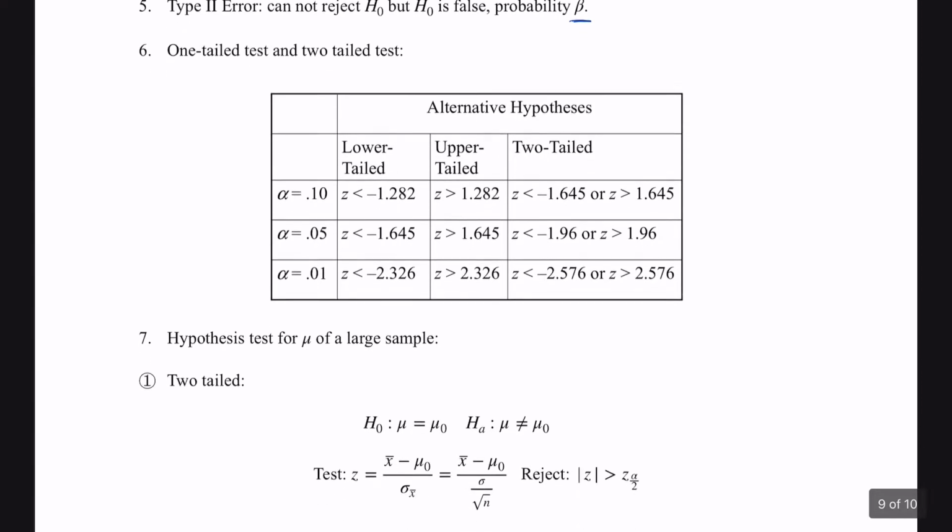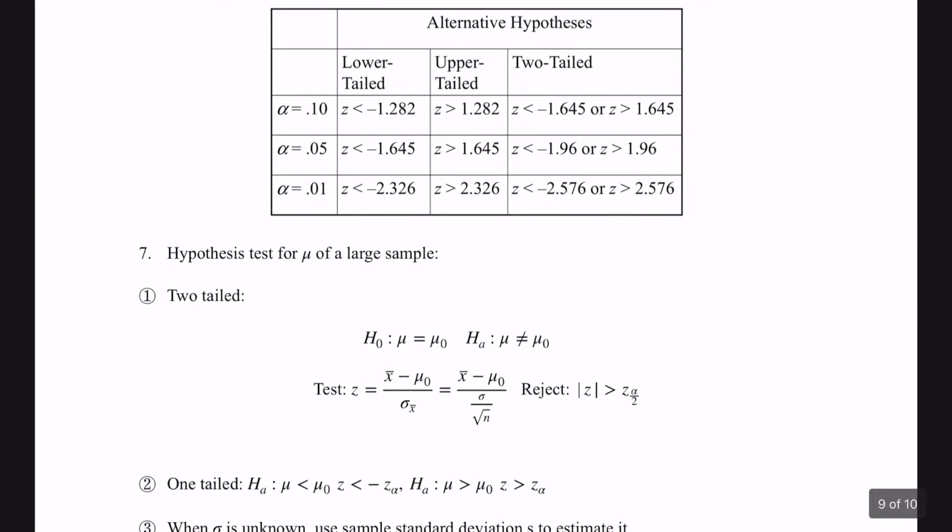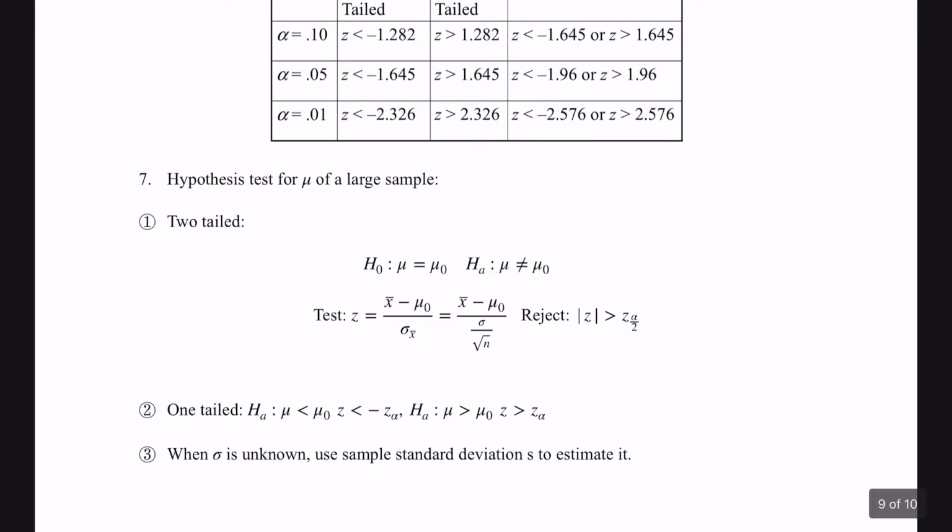Okay, so let's take a look at the hypothesis test for population mean of a large sample. The first one is a two-tailed test. The reason why we want to do a two-tailed test is we want to find out whether the population mean is equal to a certain number or not.